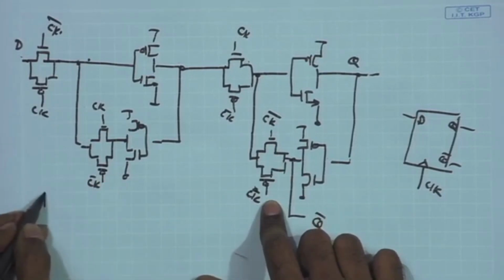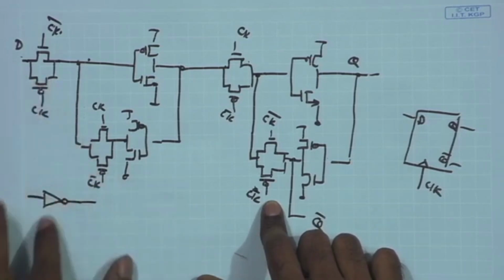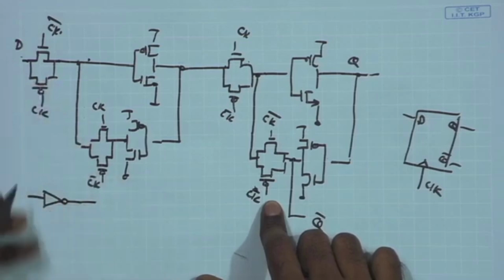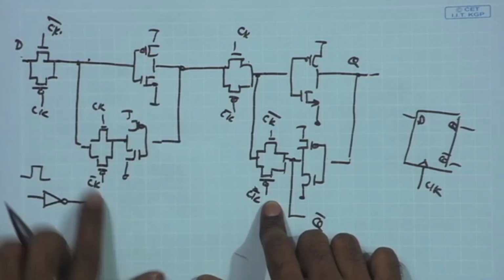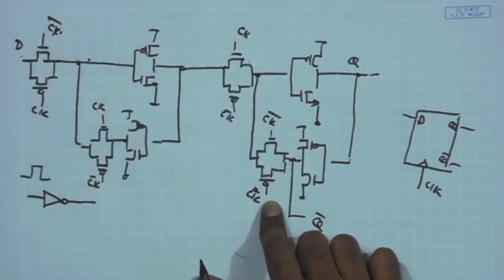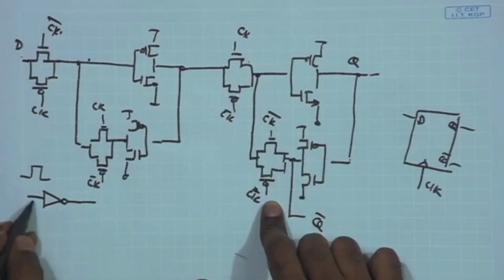So, suppose there is a clock signal coming in. Ultimately, the clock signal is also driven by some inverters or some buffers. So, ultimately a clock is a digital signal going 0 and 1. It will be driven by some inverters, and the clock over here will be going to all the different NMOS and PMOS. Likewise, you will have the clock bar.